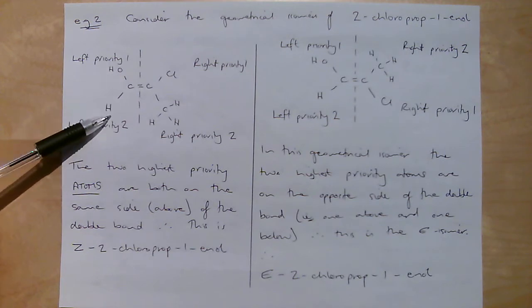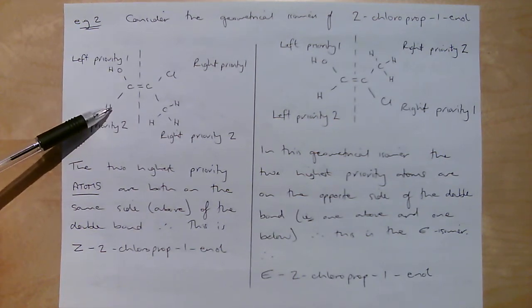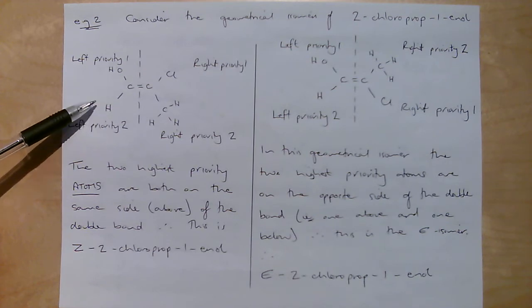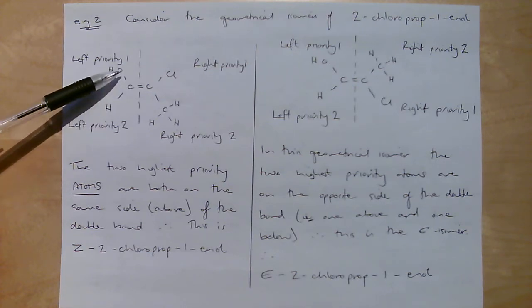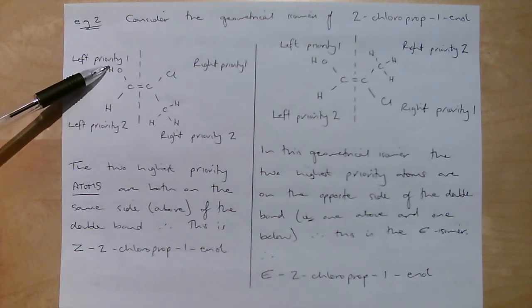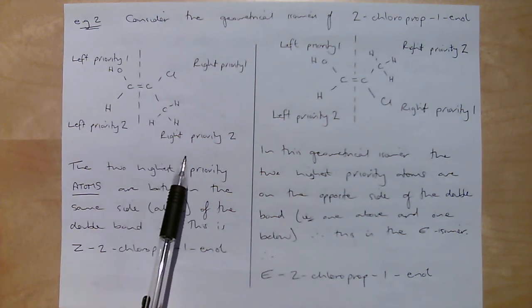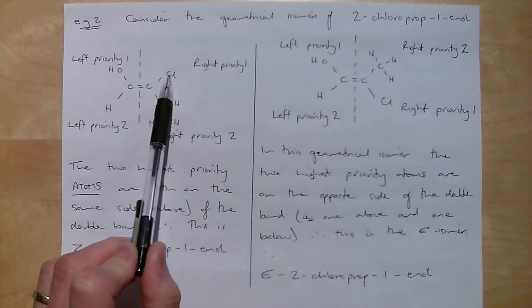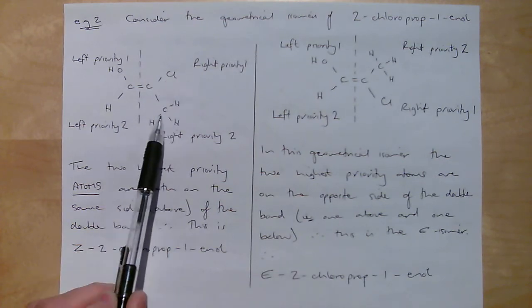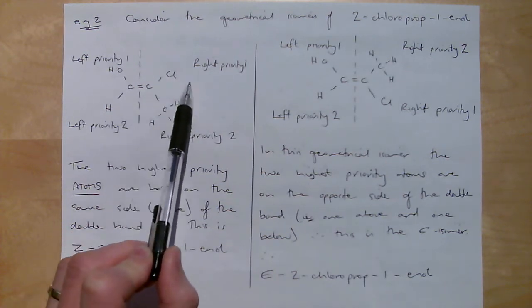I look to the left of the double bond, so I'm comparing this group and this group to decide which is the priority group. I apply my CIP rules, and the O has got a greater atomic number than the H, so that's my priority group on the left hand side. I then look to the right of the carbon-carbon double bond. The Cl has a higher atomic number than the carbon, so my priority group this time is the Cl.